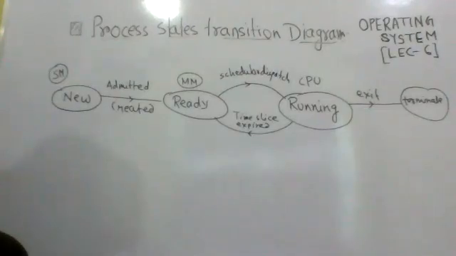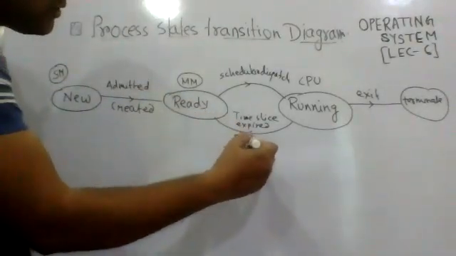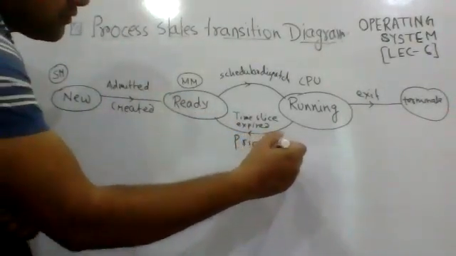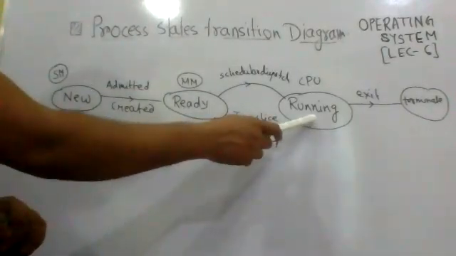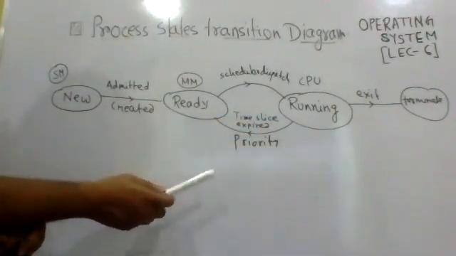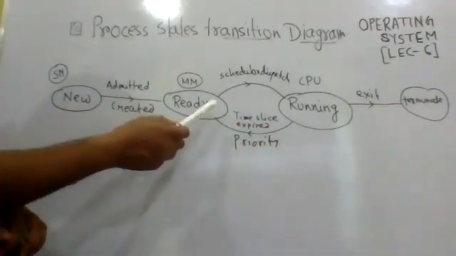For each time slice, the CPU switches from one process to another. So this is time slice expired. Or here maybe the event is called priority. Suppose a process is running in the CPU and there is a high priority process which we have to schedule.